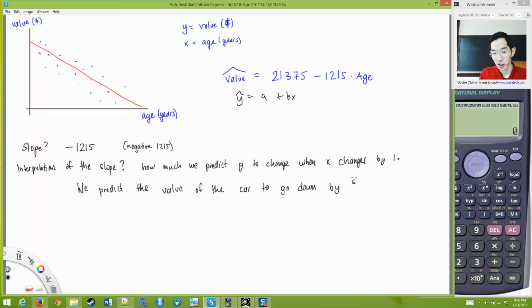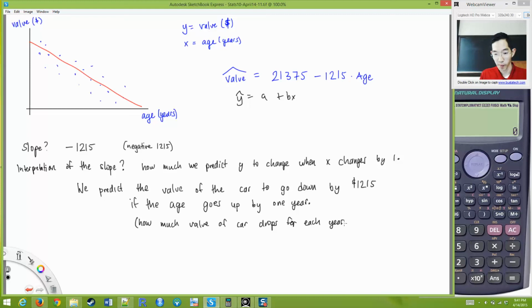Go down by $1,215 if the age goes up by 1. Goes up by 1 year. So, in other words, it's how much the value of the car drops for each year. That's the interpretation of this slope. Is that good with everyone?